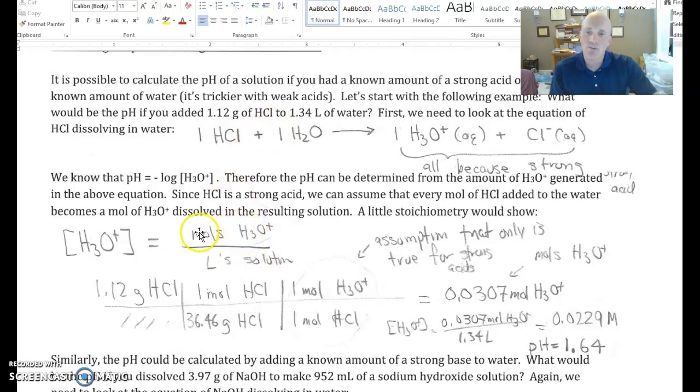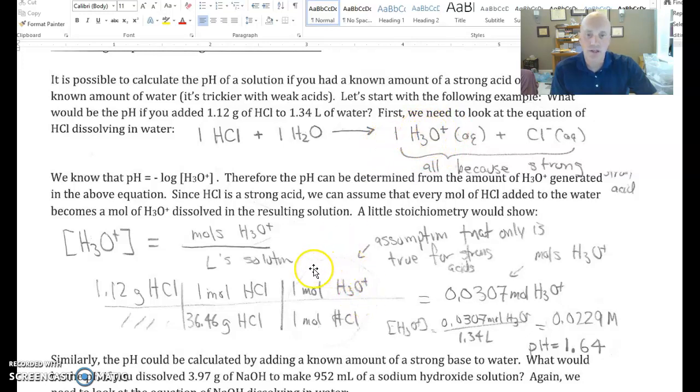But how would we figure out the number of moles of HCl? Well, we could use a little stoichiometry here. We have an equation, and we know that this equation goes all the way. So let's start our little crossbar with an amount of HCl. We can convert that to moles, and what this equation says is that for every 1 mole of HCl, we're going to generate 1 mole of H3O+.